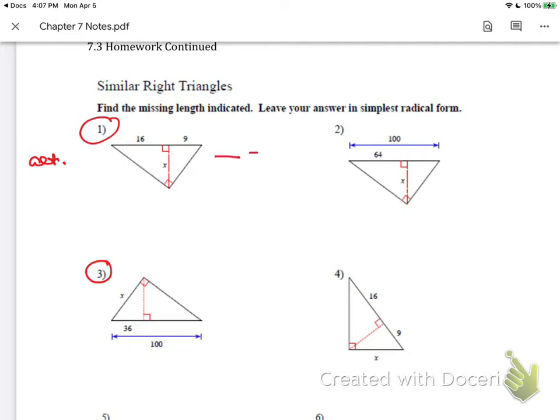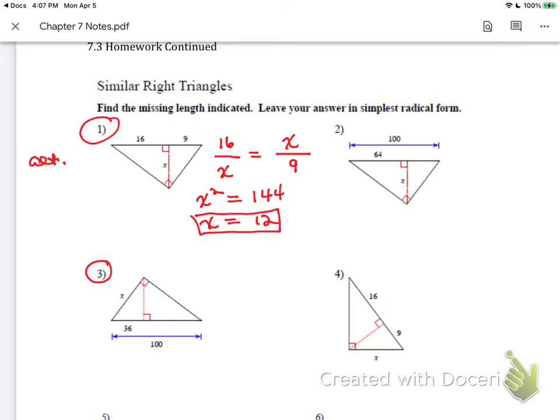What the altitude geometric mean tells us is put the geometric mean value of x and x, those are the altitude values, in the geometric mean's location. And then each piece of the hypotenuse goes there and there. Okay, so we have x squared, we're looking for x, equals 9 times 16. And the product of 9 and 16 is going to be 144. And you should know that that is 12 squared. So x is 12 is our answer there using the geometric mean.